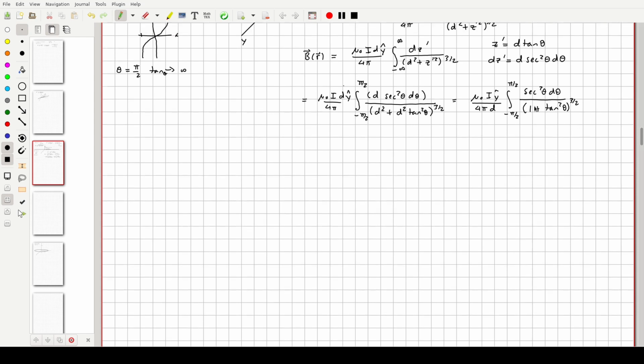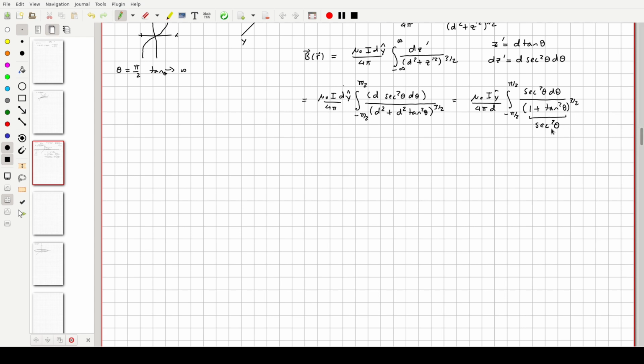And now let's talk about this. This right here is a trig identity, right? Because you know, secant squared minus tangent squared is equal to 1. So this right here is just secant squared theta.